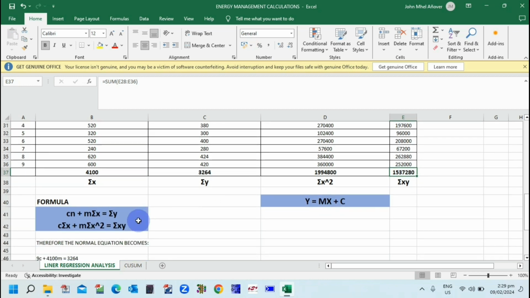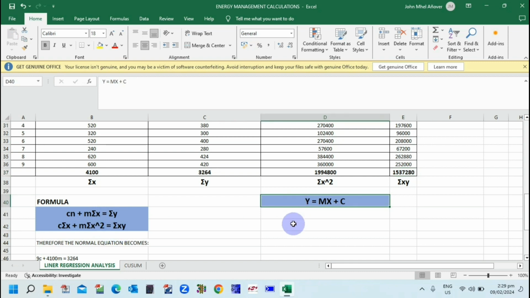And then the x and y summation is 1,537,280. From the formula, Cn plus m summation of x equals summation of y, and c summation of x plus m summation of x square equals summation of xy.